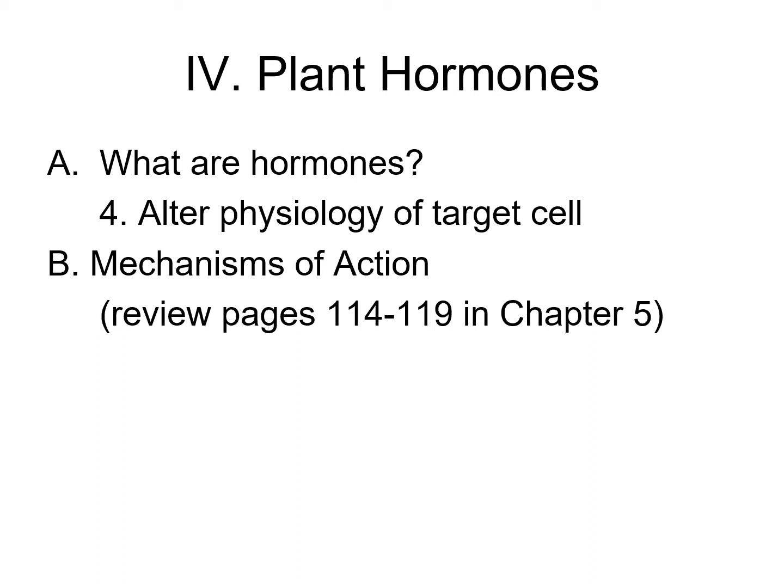That was the chapter about membranes. So you should really review pages 114 to 119. I'll summarize it in the next few slides, but that's a good presentation about how messenger molecules like hormones act at the cell level. That's what I'm calling the mechanisms of action.